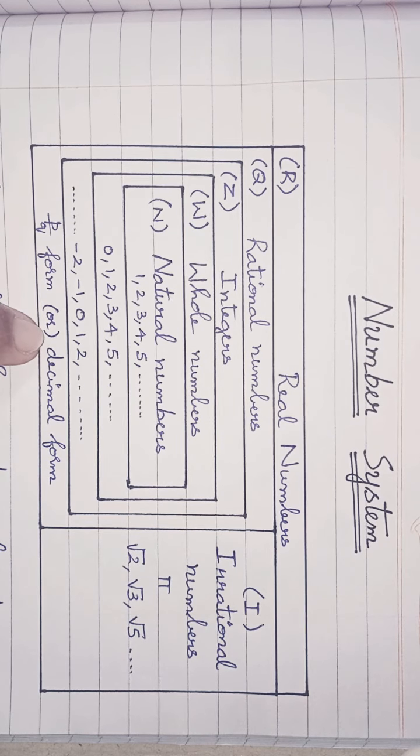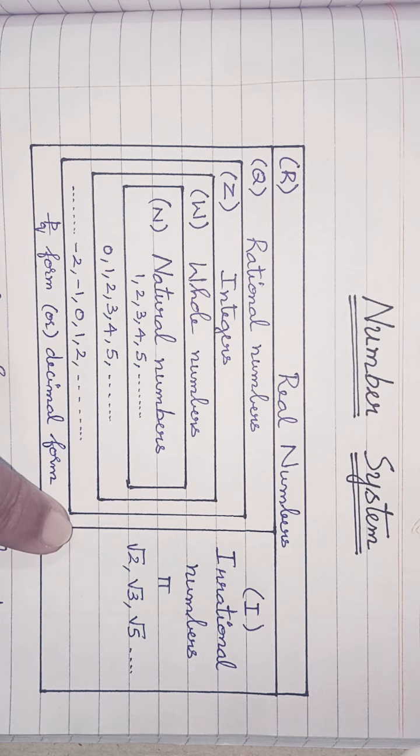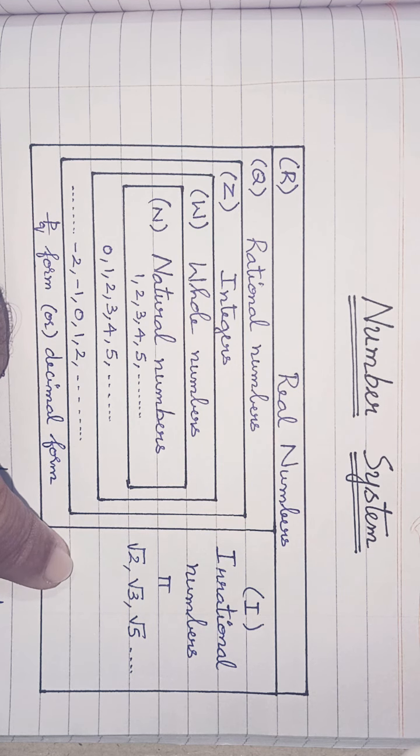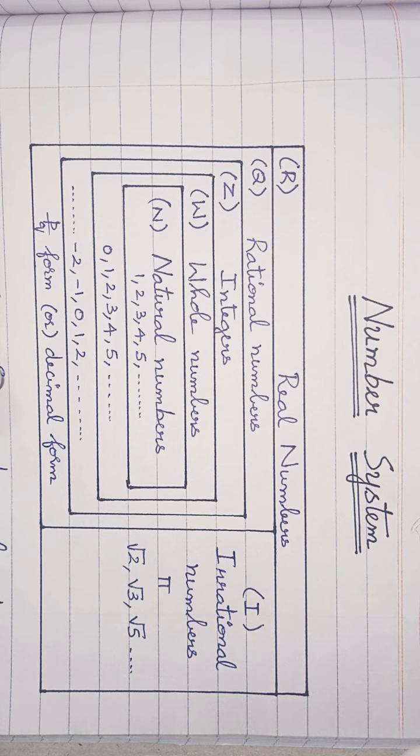Irrational numbers are numbers like the value of pi, square root of 2, square root of 3, square root of 5, that is square root of prime numbers. We will be discussing rational numbers and irrational numbers in detail now.